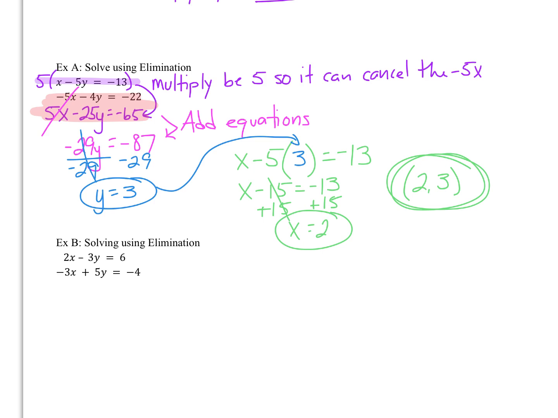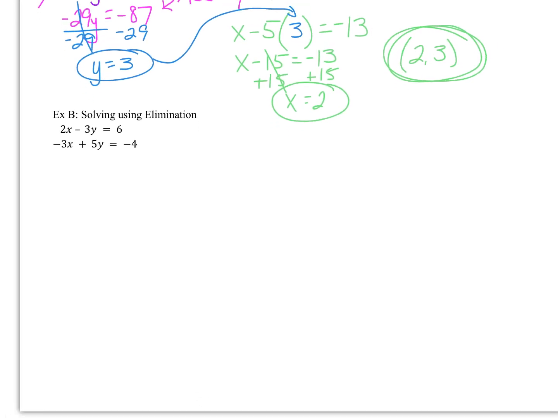Okay, so we only had to multiply one equation by something, right? So if I look at example B here, well, 2 and 3 are definitely not the same, and 3 and 5 are definitely not the same, or opposites, right? So I do look at like, all right, the 2 is positive, the 3 is negative, that 3 is negative, the positive 5. So I kind of have options here.